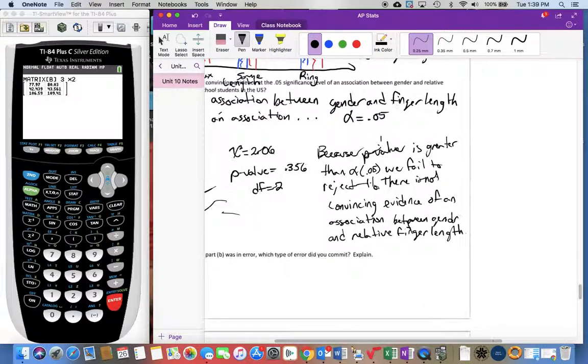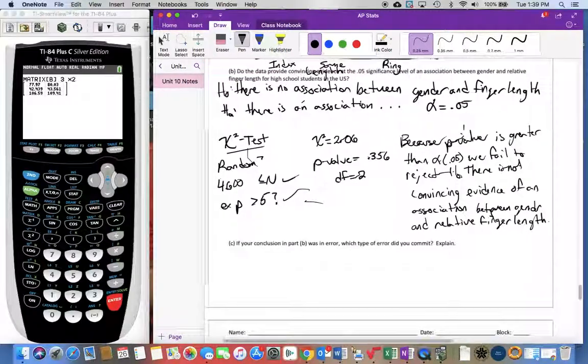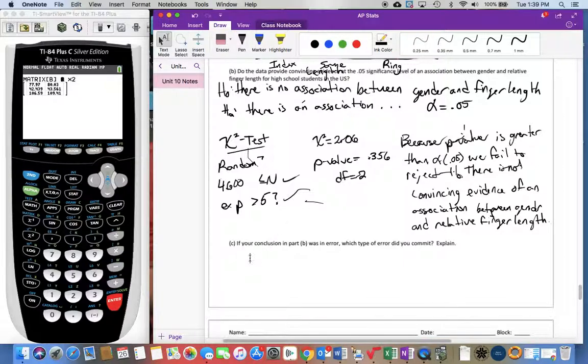Okay, cool. So let's see. Last part that we need to address here: if your conclusion in part B was an error, which type of error did you commit, and explain. Based on our conclusion, which was that we failed to reject our null hypothesis, the only type of error we can make is a type 2 error. We could explain that because we did not reject the null hypothesis.